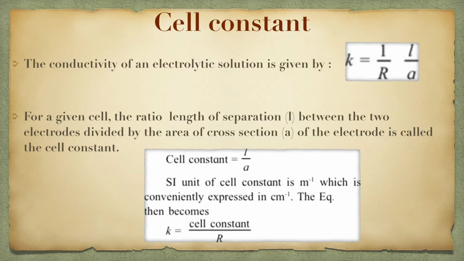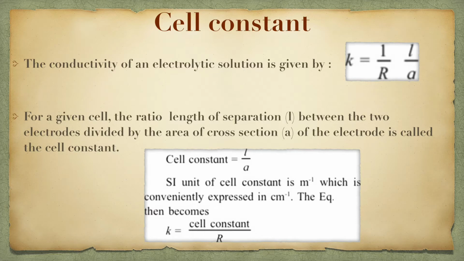For a given cell, the ratio of the length of separation L between the two electrodes to the area of cross section A of the electrode is called the cell constant. That is, cell constant is L by A. Always remember, it is the length of separation between the two electrodes divided by the area of cross section.